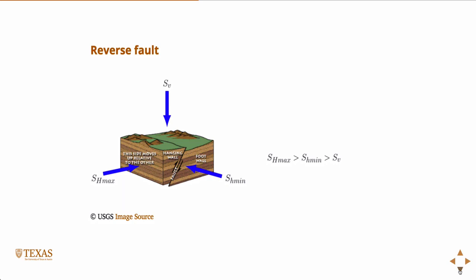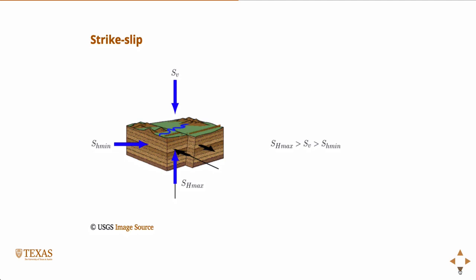And the last one is the strike-slip faulting regime. In this case, the vertical stress is in the middle, and then you order the other two. And the way I have it drawn, I just want to point out that the horizontal stresses are in the plane, but they're not necessarily perpendicular.